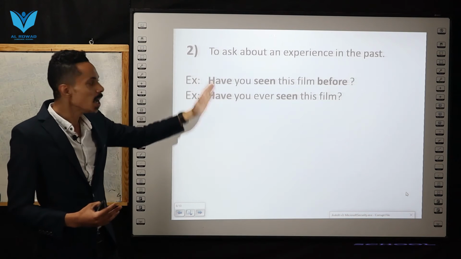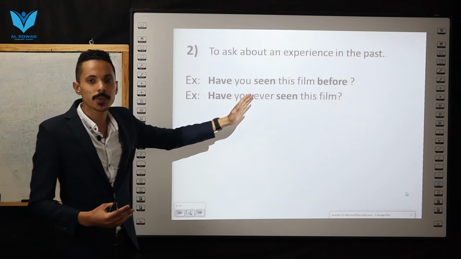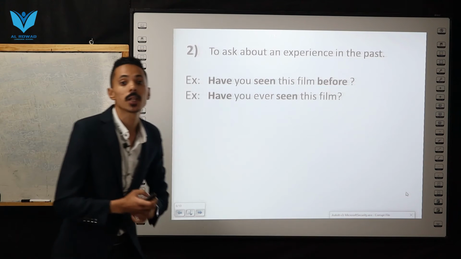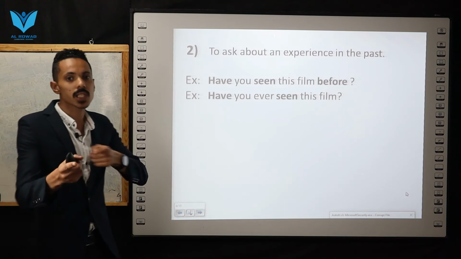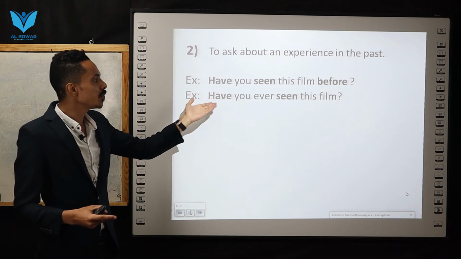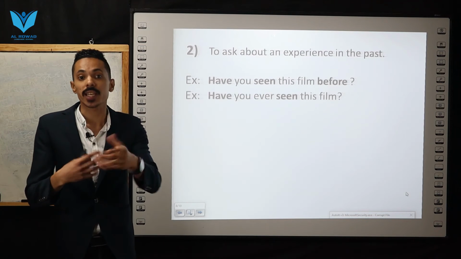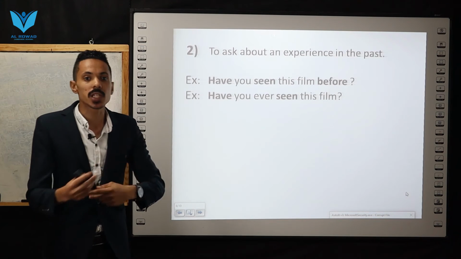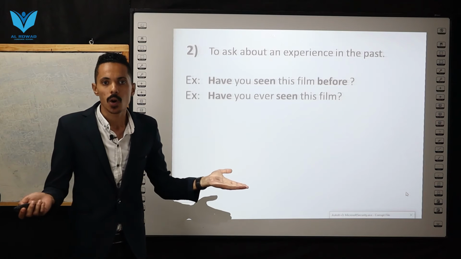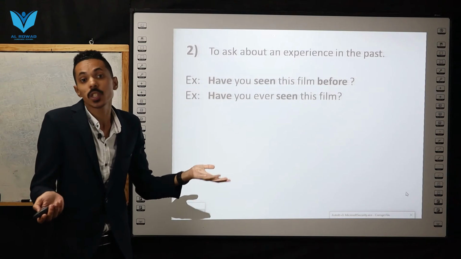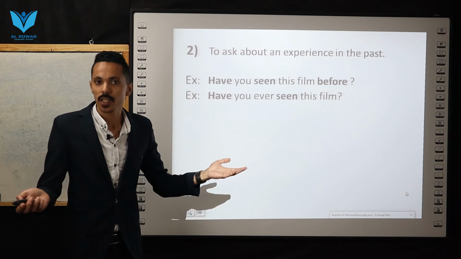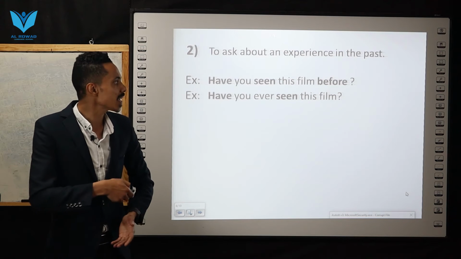So helping verb, subject, verb in the past participle, object, this film before. Have you seen this film before? Have you ever seen this film? The same meaning, asking about experience, using ever, before, what you want.